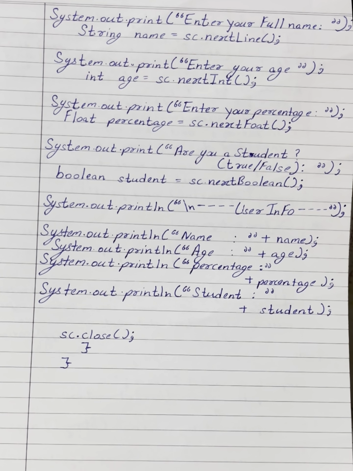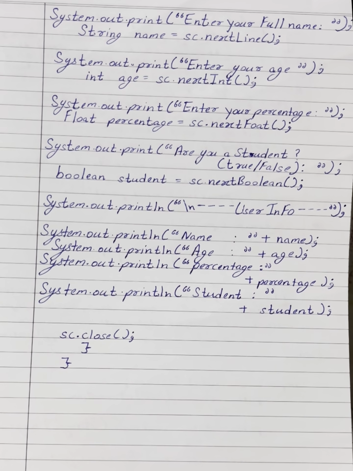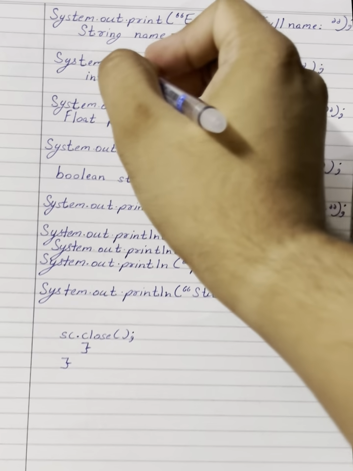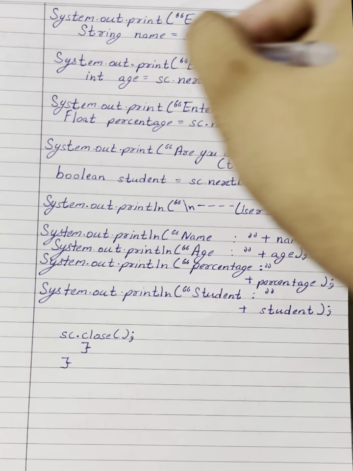After that we write the code for reading the age. Same, first we display the message, then this code for entering the age. As we know, the nextInt method reads an integer value and stores it in the variable age. And the same happens with this code.